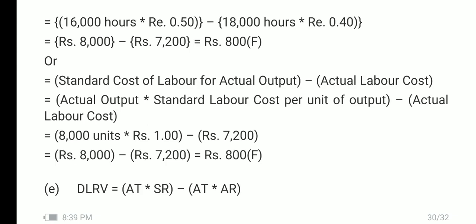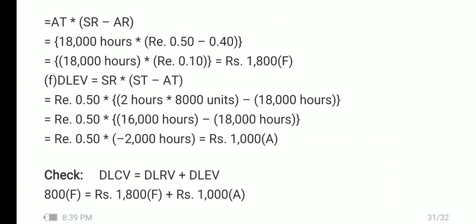Naturally, here the organization is saving, that is labor actually paid is 10 paise less than the standard specified. So, actual time is 18,000 hours into 50 paise minus 40 paise. So, 18,000 hours into 10 paise will give us 1800 favorable. Situation is favorable to the organization.